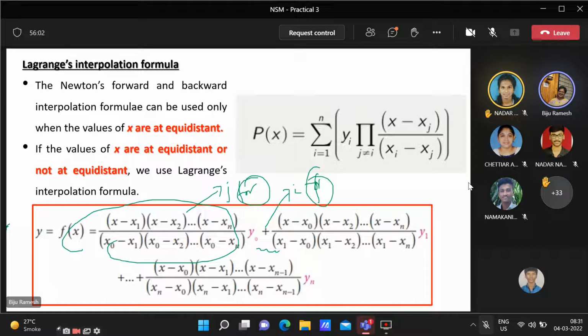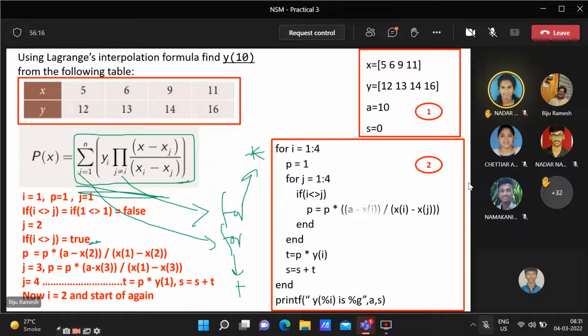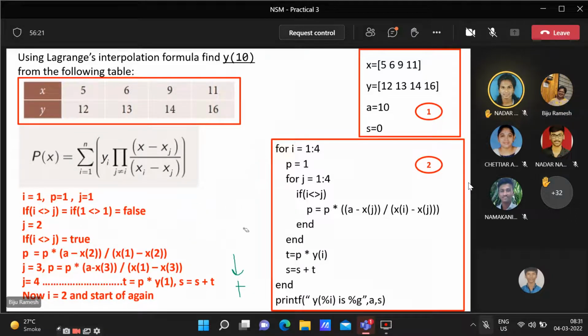So what are we doing here? This one is the J loop and this is the I loop. You should remember this. So this one is your J loop and this one is your I loop.